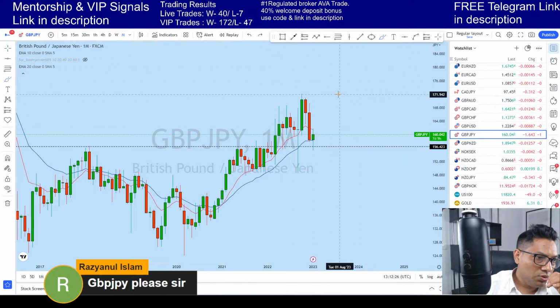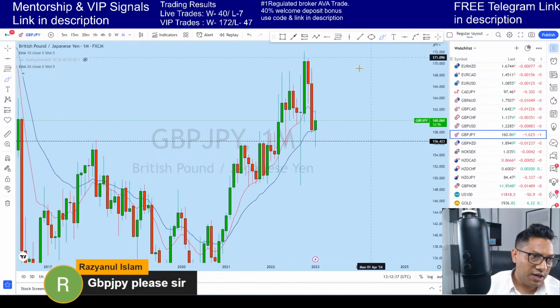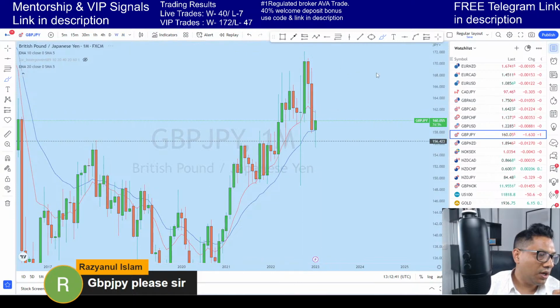Now with that bounce, GBP JPY has formed a strong bullish price action from the lower time frame, but at the same time we see some rejection from the top. So let's see from the weekly how it is doing.